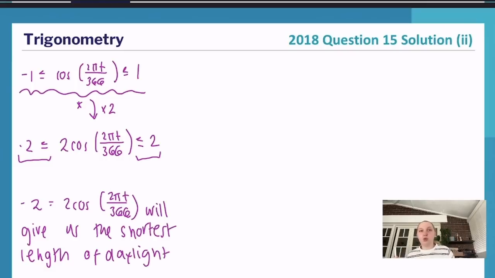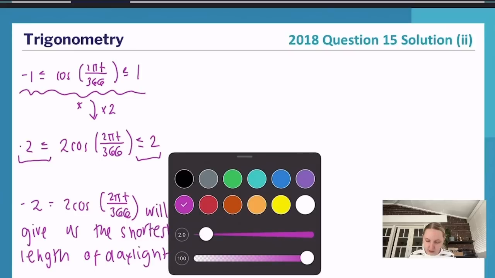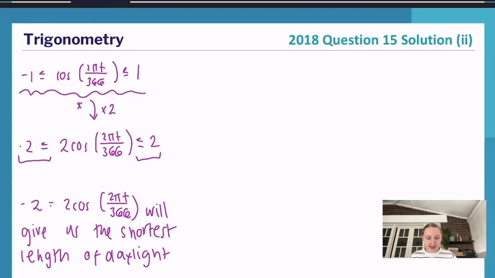Right? Because -2 will be our low point. Right? And our lowest point is where we're going to find the shortest length of daylight. So then the next thing we want to think about is solving, right? We want to solve for 2 cos 2 pi t on 366 is going to give us -2, right?